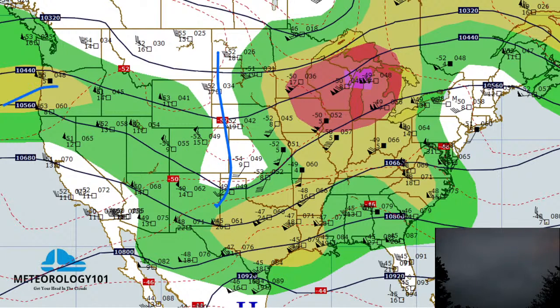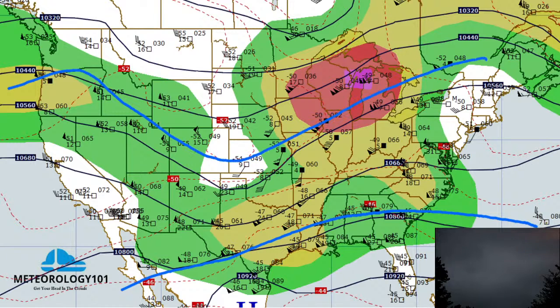Now, if this thing overshoots, we could get a cutoff low, or we could just have a finger of the subtropical jet pushing through, and then the polar front coming down and converging with that. So that's a possibility of what we could have going on here too.